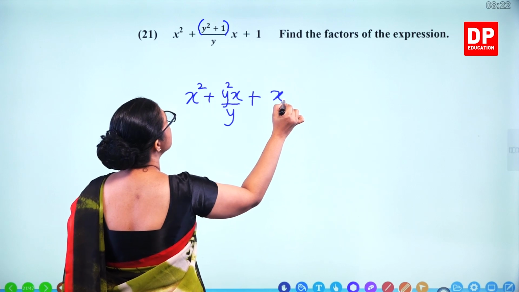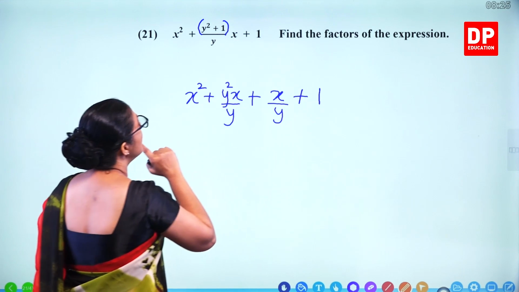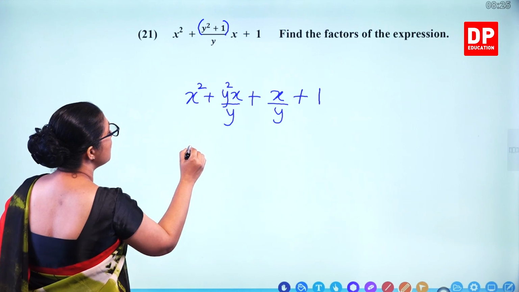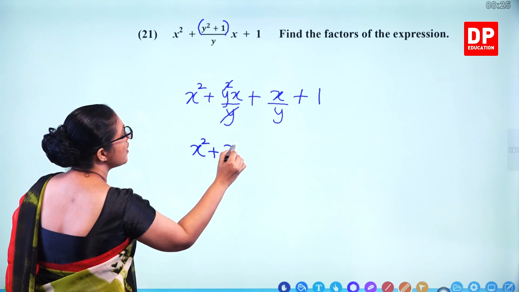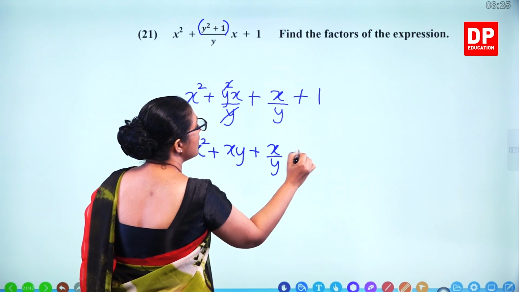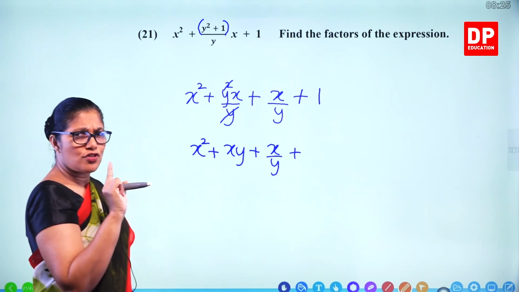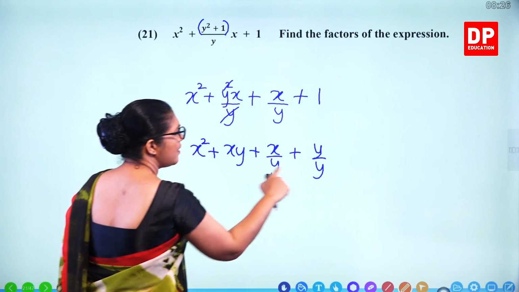So you get x over y plus 1. Now we can simplify. x squared plus 1y gets cancelled out. You get xy plus x over y plus 1. Shall we write 1 as y over y? Because there's a y in the denominator.